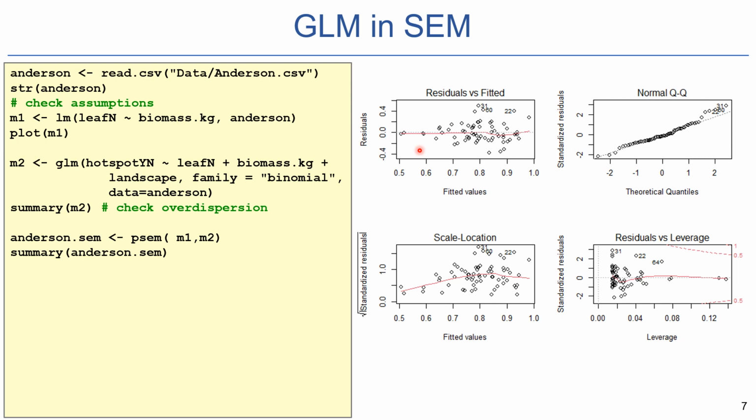So we presume that we can use the linear regression here. And because our hotspot, yes or no, is binary, we use a generalized linear model here with the family binomial, as you remember.